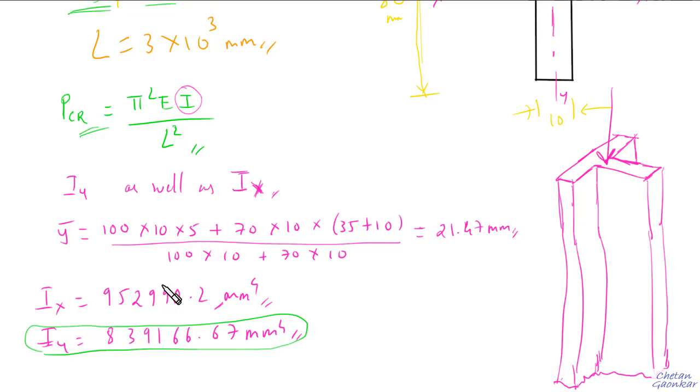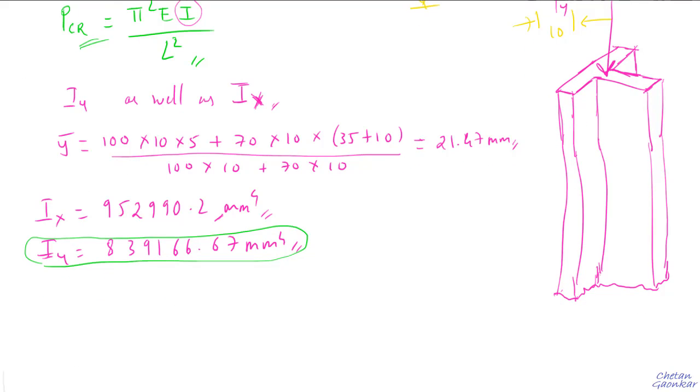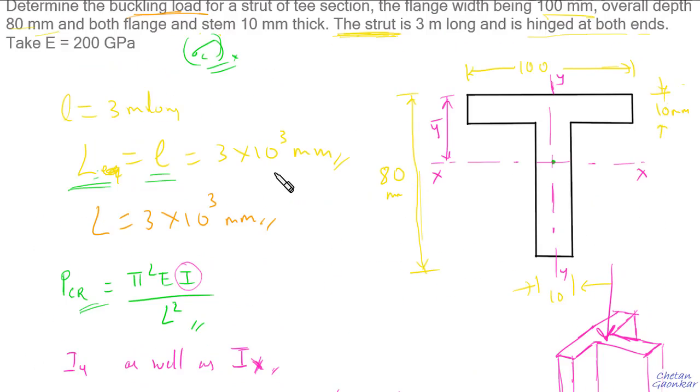And therefore, the critical load formula, which is PCR, is given as pi square EI divided by L square. It will be taken as pi square multiplied by E. Now, how much is the value of E?